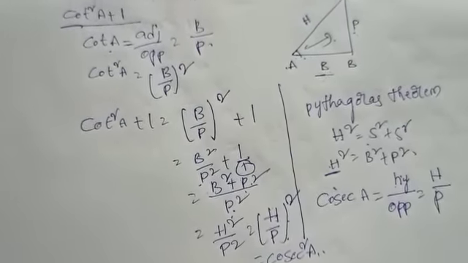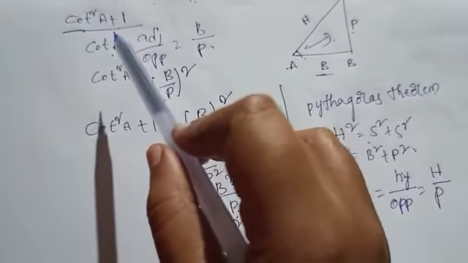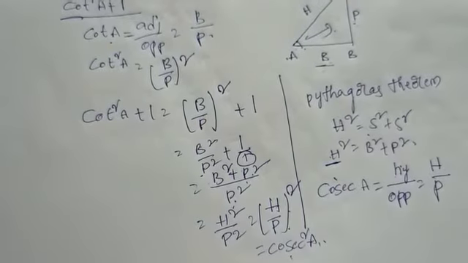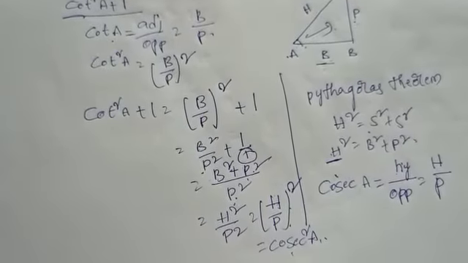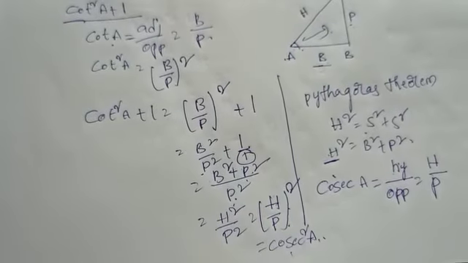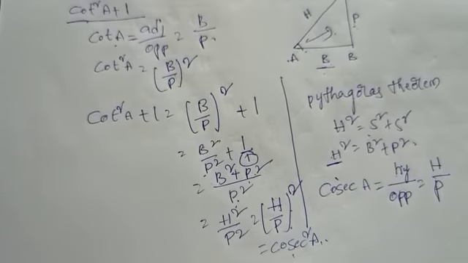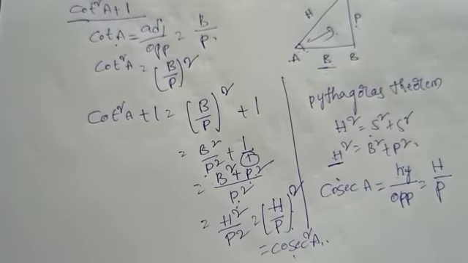Hence we have proved cot square A plus 1 equal to cosecant square A. These are very important.